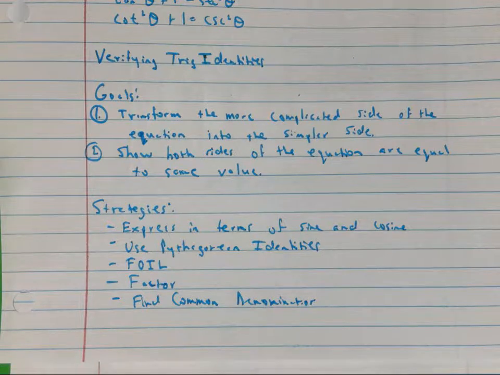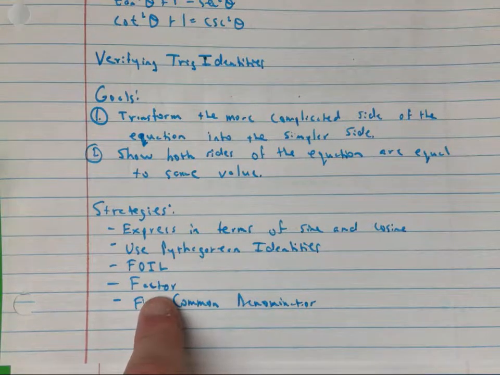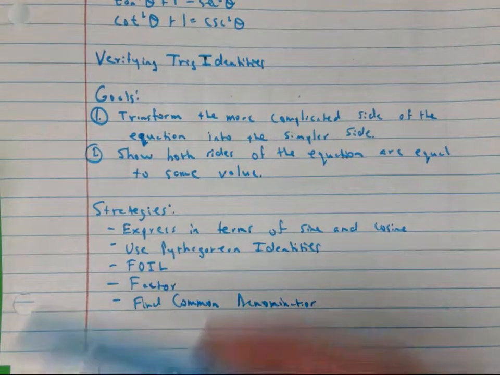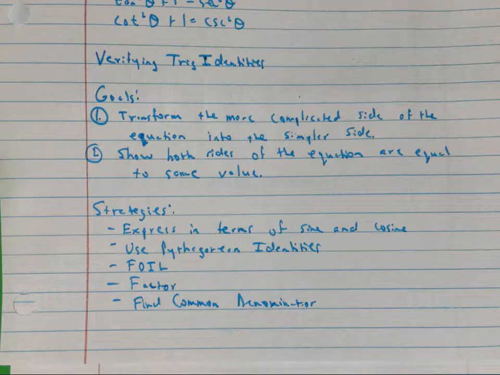The FOIL method: if you see 2 things in parentheses side by side, FOIL it out and see what you get. Factoring: if they have something in common, you can bring it out. And the last one is find a common denominator. If you're adding 2 fractions with different denominators, you might need to find a common denominator. So those are the strategies you might be presented with.